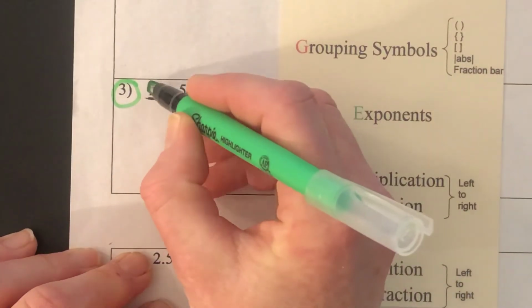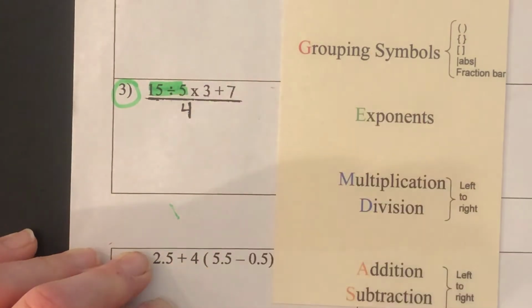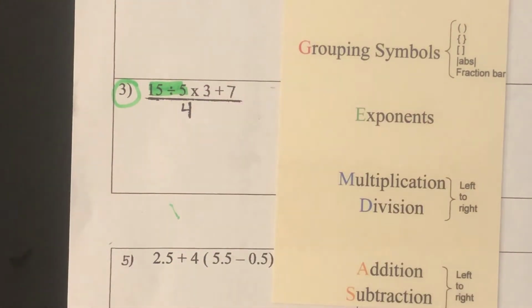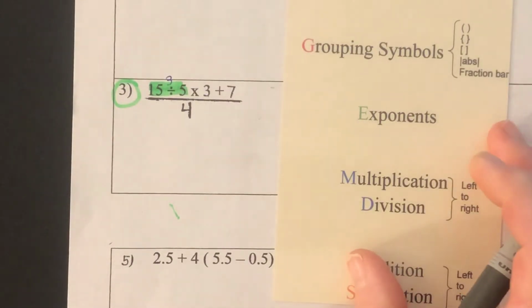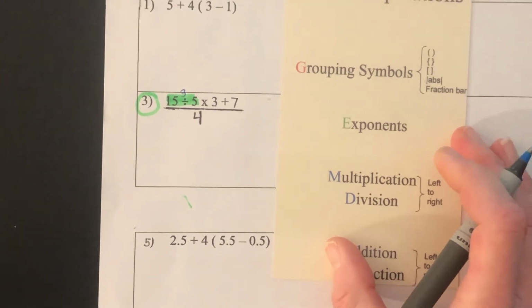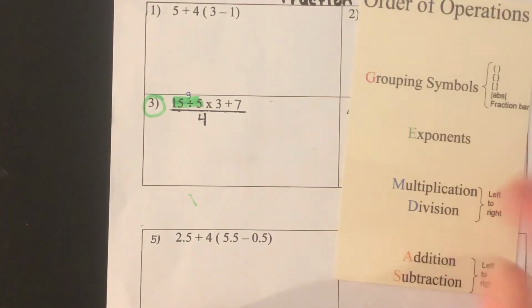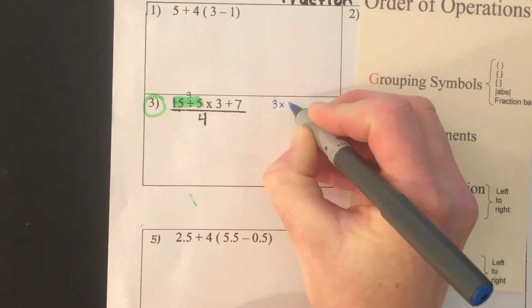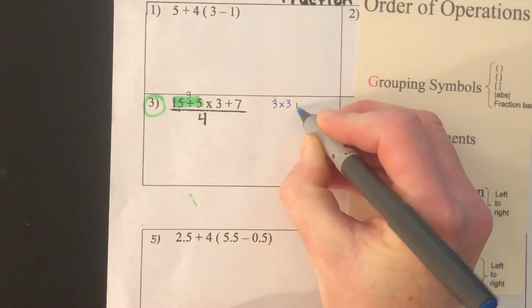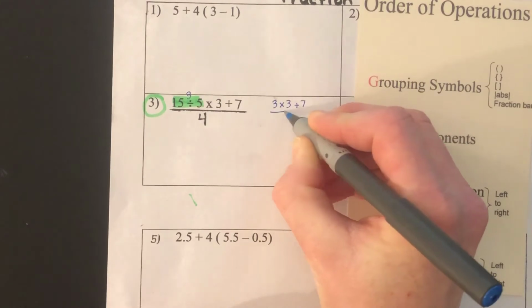So I'm going to do that first. 15 divided by 5 is 3. So what I have now is 3 times 3 plus 7 divided by 4.